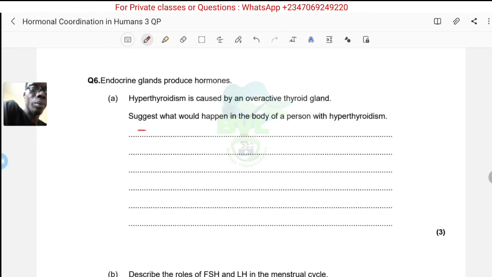Well, there will be excess production of thyroxine. It could lead to goiter.